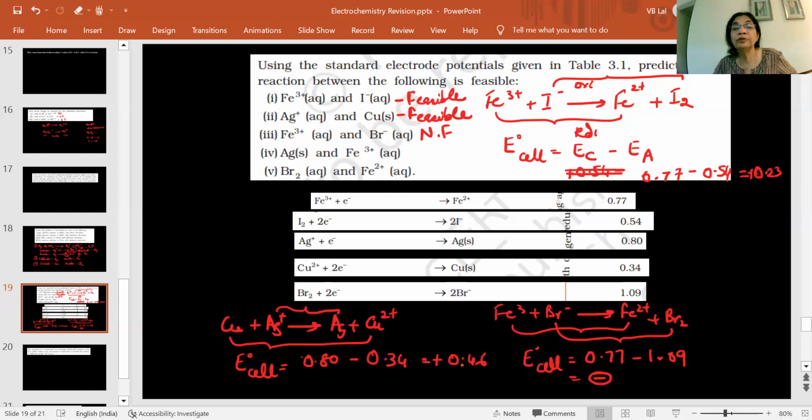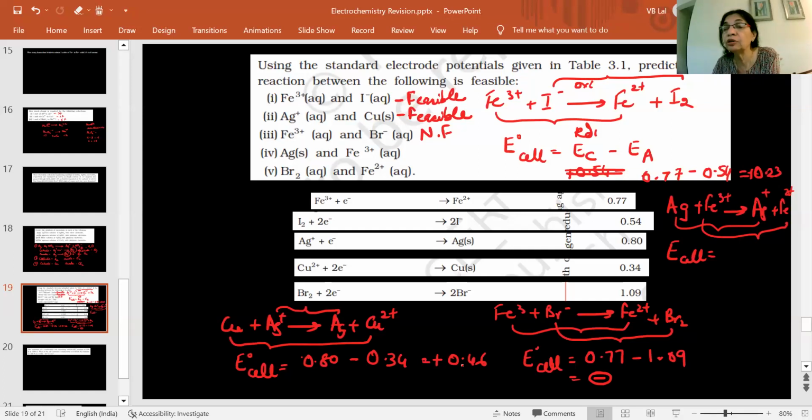Now look at Ag plus and Fe3 plus. So Ag solid plus Fe3 plus would be changing into Ag plus and Fe2 plus, right? So this is getting oxidized and this is getting reduced, right? So E cell will be equal to E cathode.